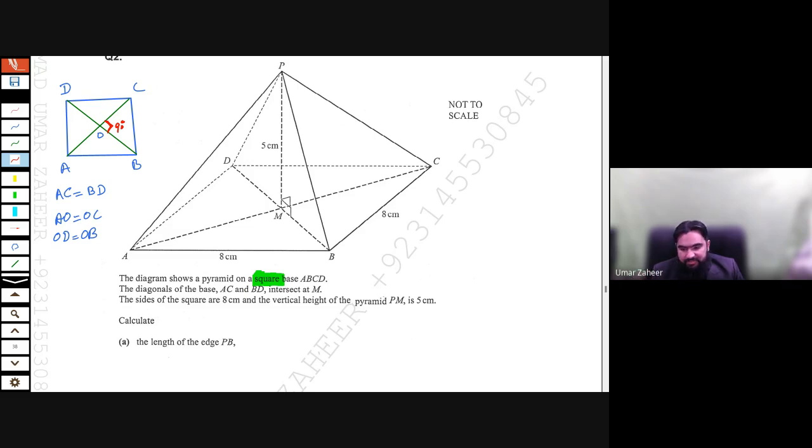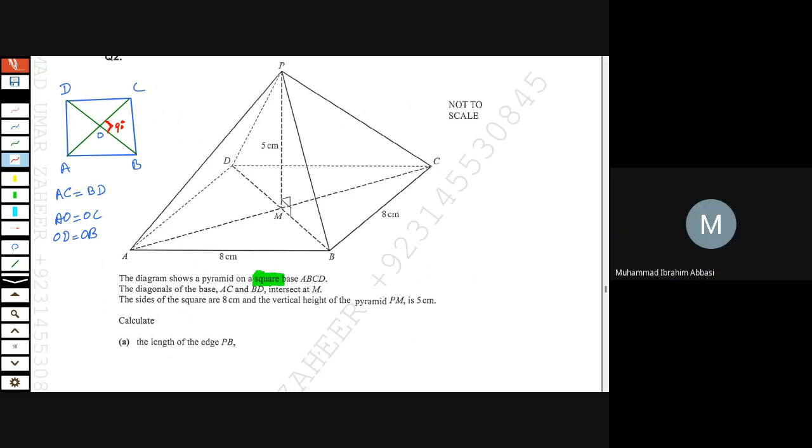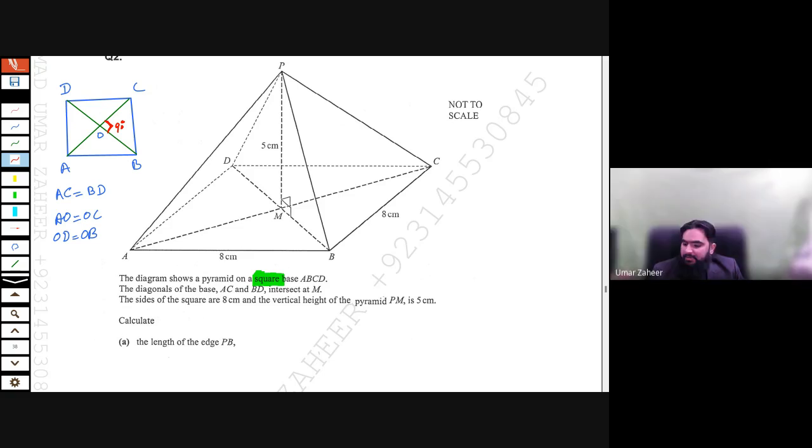Yes, everyone, is it clear? Yes, sir. Okay. Now we have to find the length of the edge PB. This is the length that we need to find, and it is part of this right angle triangle.